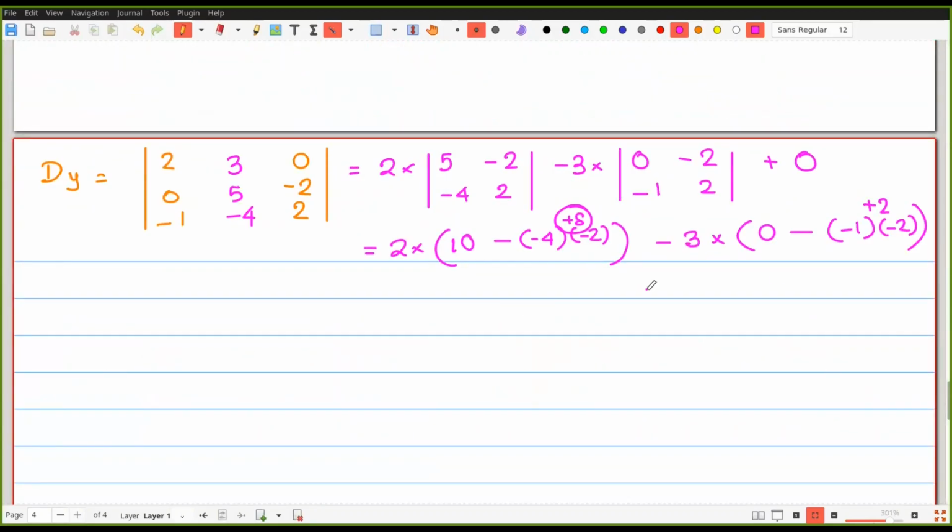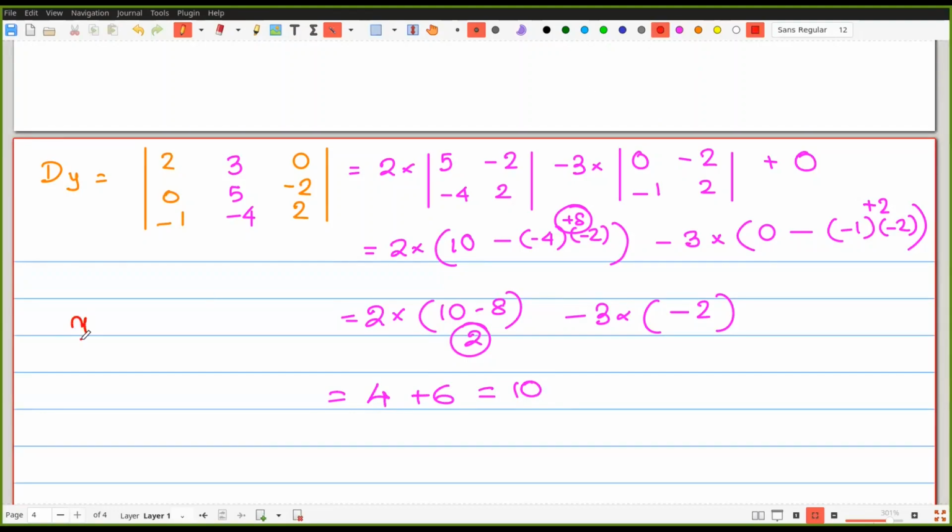So writing 2 into 10 minus 8, that one is 2, and minus 3 into minus 2. So the result is 2 into 2, 4 plus 6, equal to 10. So y is equal to dy upon d, that means 10 upon 10 is equal to 1. So for now y is equal to 1.